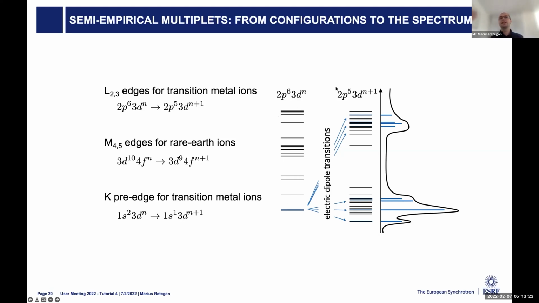Then it does the same for the electronic configuration where it has a core hole. And because it's L2,3 spectroscopy, it does all the electric dipole transitions. All of these electronically allowed dipole transitions will have a certain intensity, and this will give you an L2,3 edge absorption spectrum. In this case, I think it's iron.